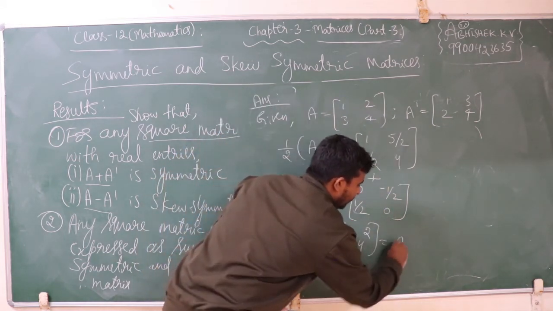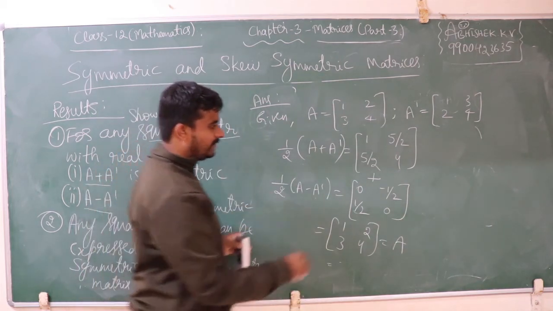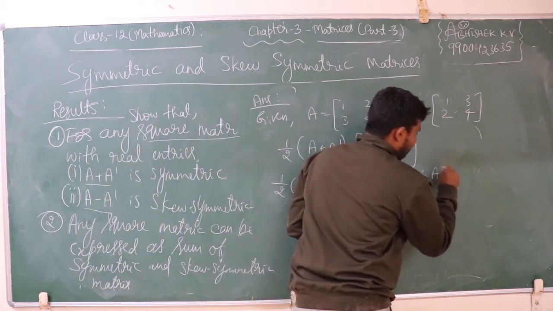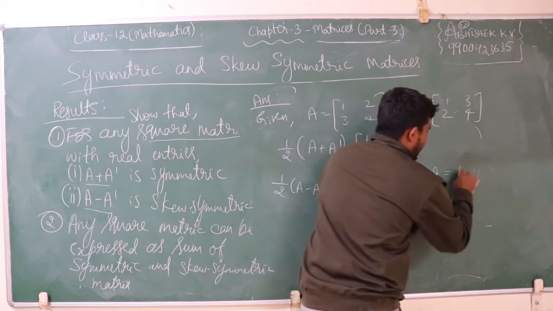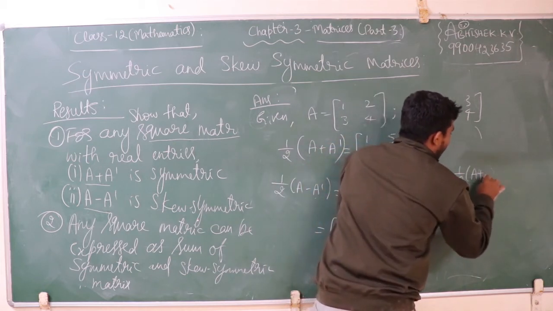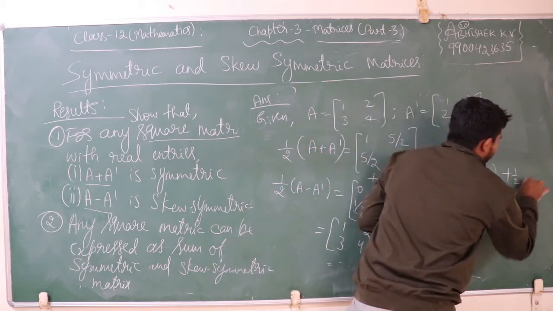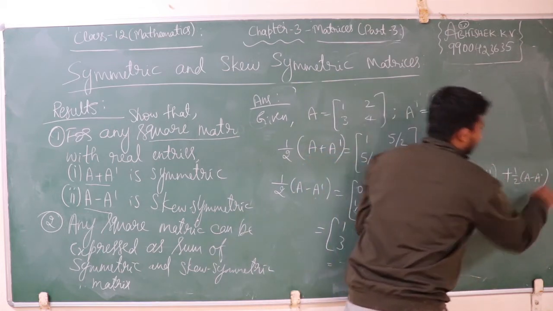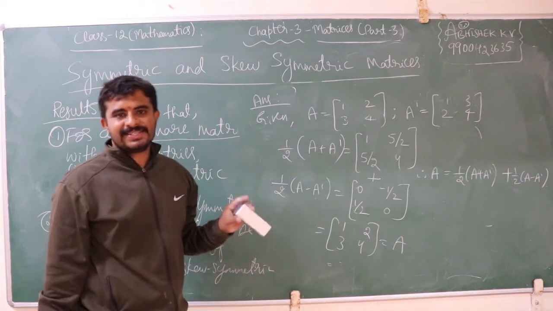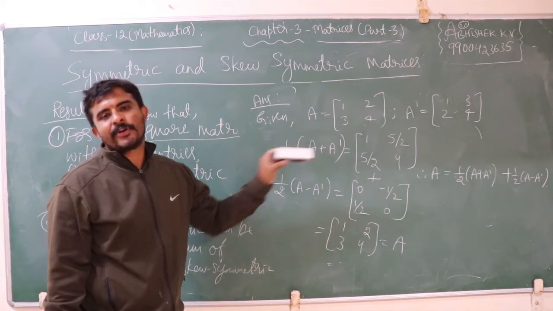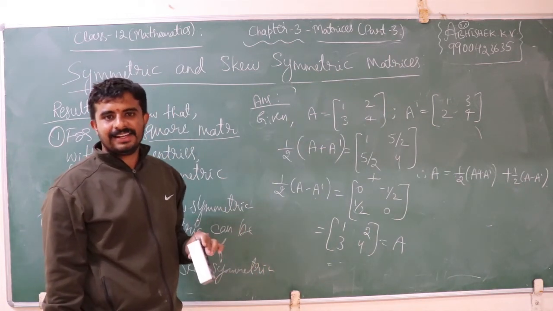This is equal to A. Therefore, any square matrix A can be expressed as the sum of a symmetric and a skew symmetric matrix. Very important example. Is it clear?